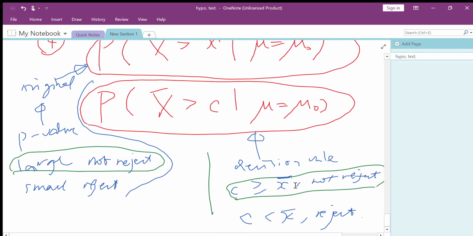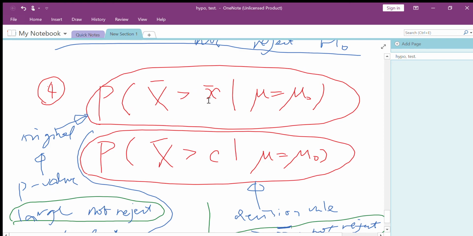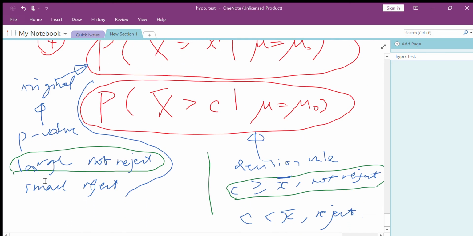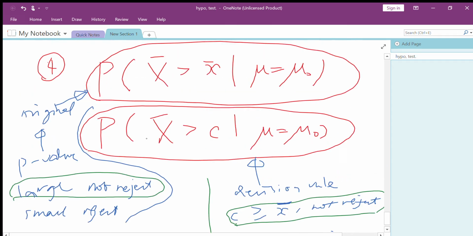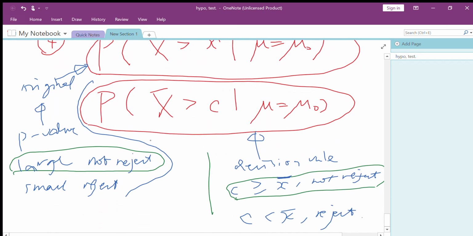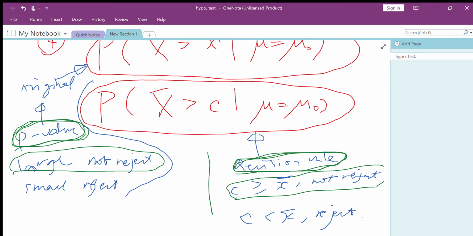And if small x bar is quite small, then this probability should be large, and then not reject. So although the two approaches are different, the decision rule approach and the p-value approach make sense in a similar way, but they are a little different. We will go into detail on decision rule and p-value with more examples to illustrate those things in detail.